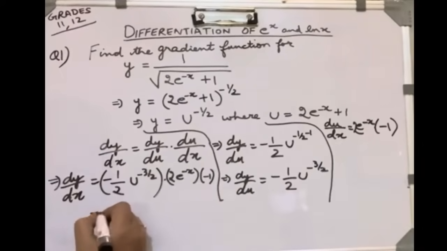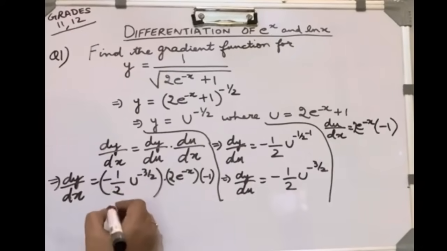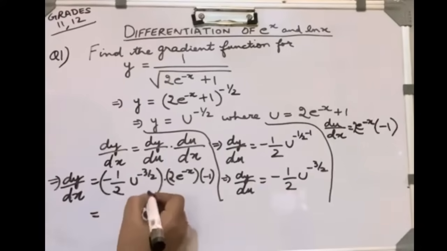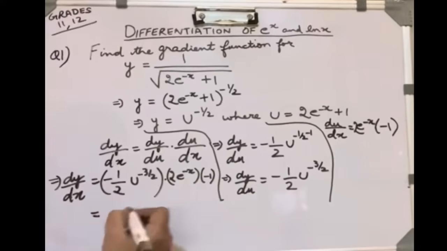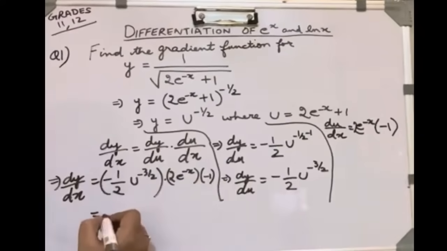Now what do we get? We substitute the value of u here. Also we observe that 2 and 2 we can strike off, and minus 1 into minus 1 is 1.